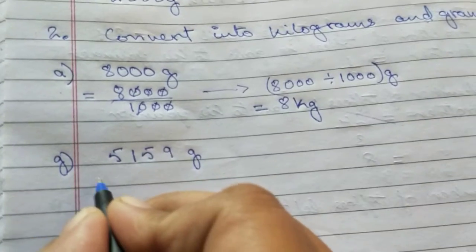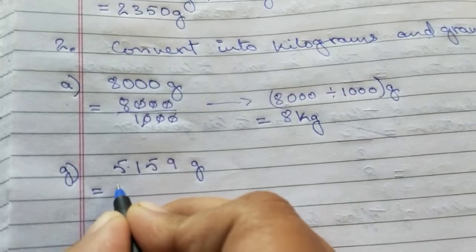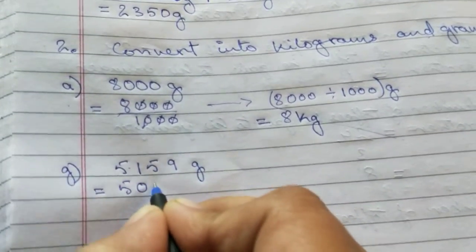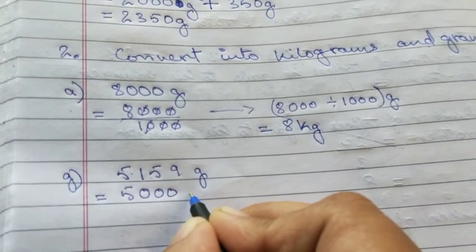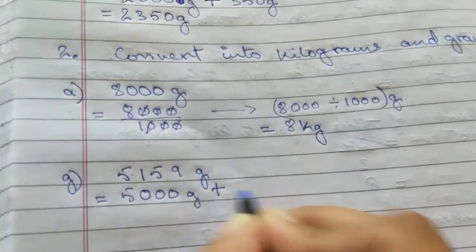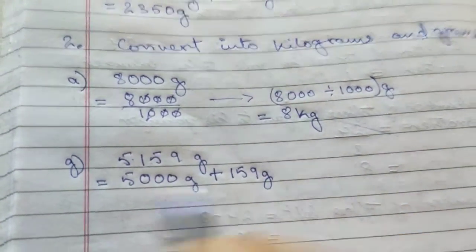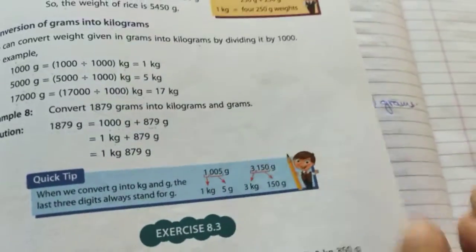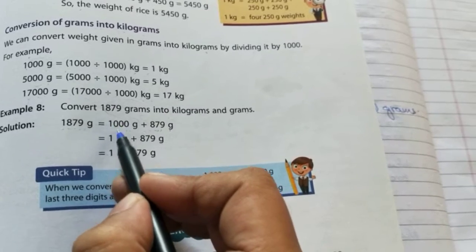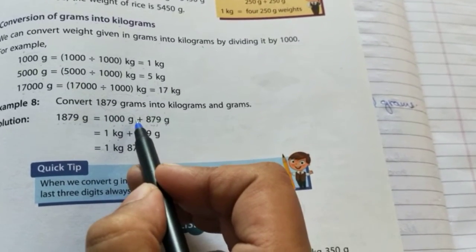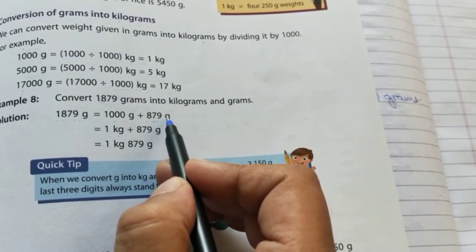Okay, now when you convert this, take 5000 away from 5159 and plus 159 grams. You can see here in the example they have given 1879. 1000 you write it first. Okay, 1000 gram plus 879 gram.